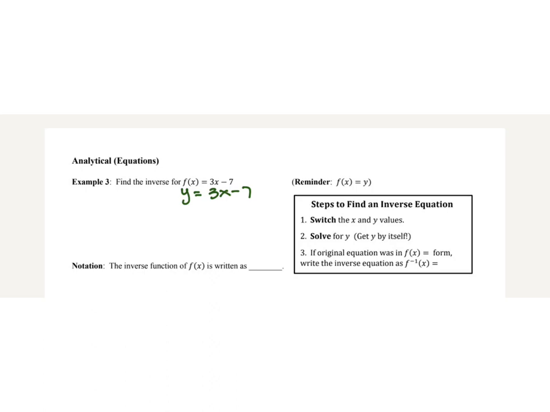Now, literally replace x and y. So I'm going to write it as x equals 3y minus 7. That's step 1. Swap x and y. And then solve for y. So we're going to add 7 to both sides. 3y equals x plus 7. And then what?